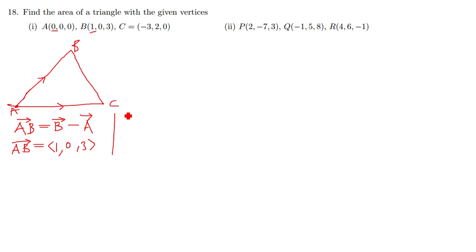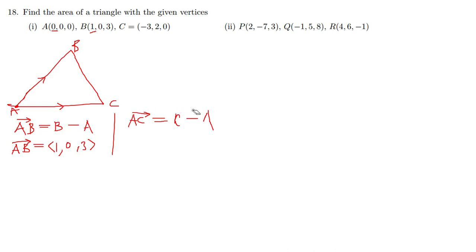So we do the same, we find AC. AC is just going to be equal to, we subtract, the terminal is C, the initial is A, so we say C minus A. Oh, sorry, these are points, they are not vectors, so I wasn't supposed to put this.